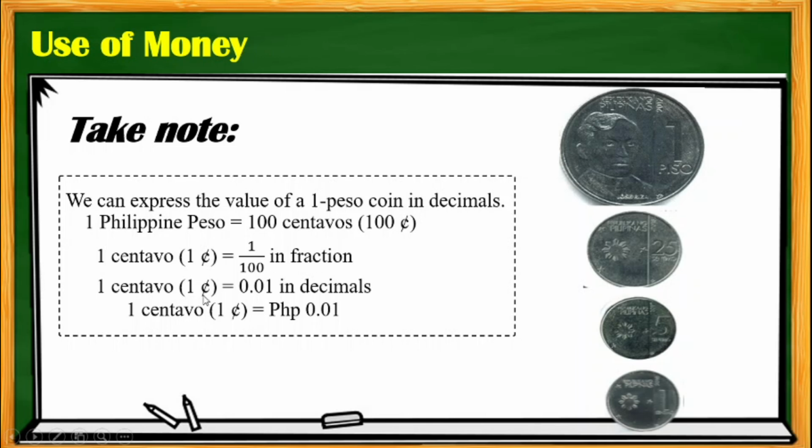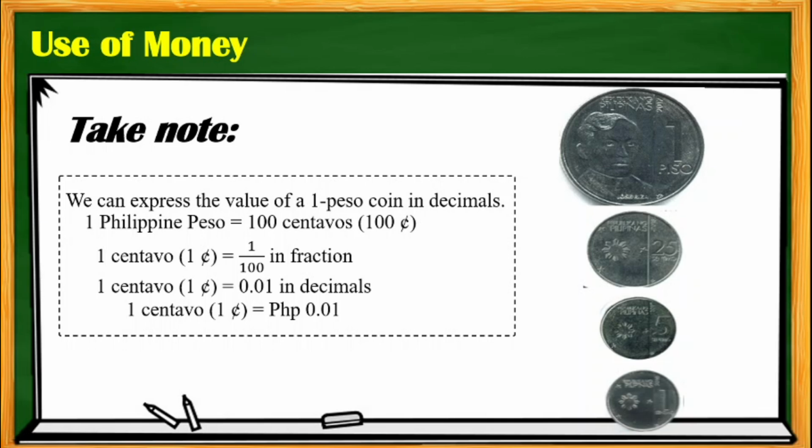Then 1 centavo is equivalent to 0.01 in decimal. And then 1 centavo is equivalent to 1 hundredth of a peso coin. So this would be the picture. This would be the Philippine peso coin. This would be the 25 centavo coin. This would be the 5 centavo coin and the 1 centavo coin.